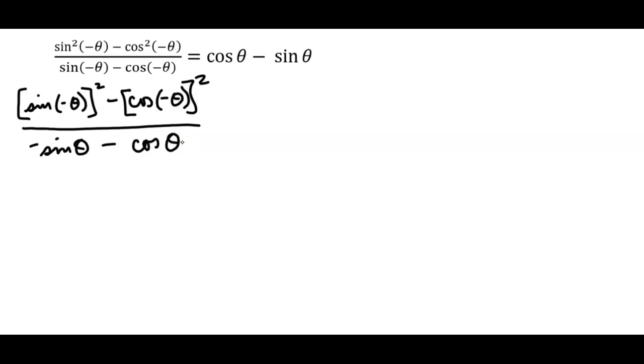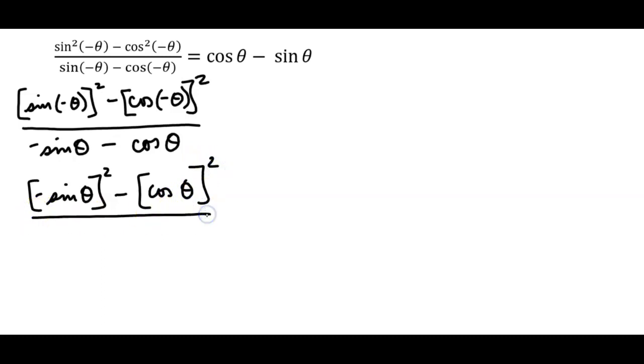Okay, so in the numerator, I'm going to simplify what's in the square brackets. So I'm going to have negative sine theta squared minus cosine theta squared over, in the denominator, I'm going to factor out a -1.